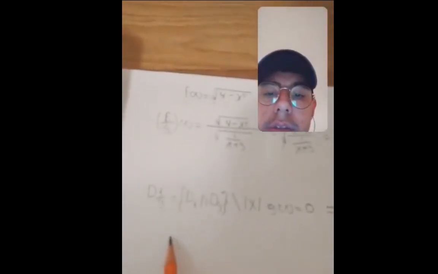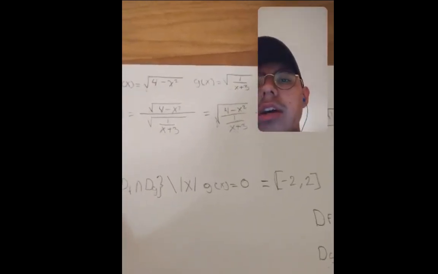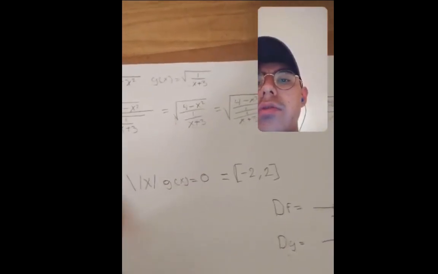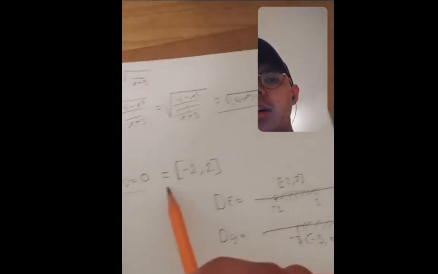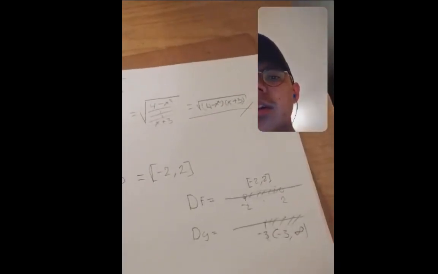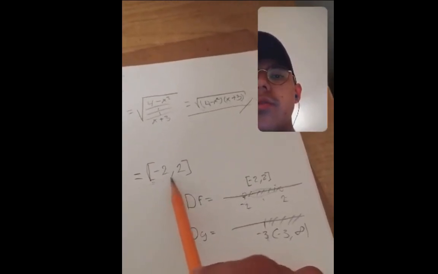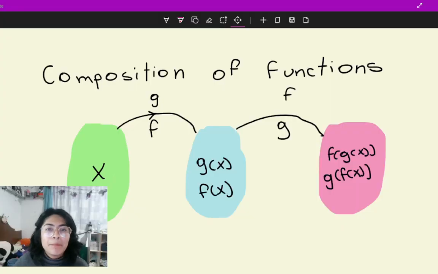Now, by the definition of domain, the domain of the function f divided by g is minus 2 comma 2.